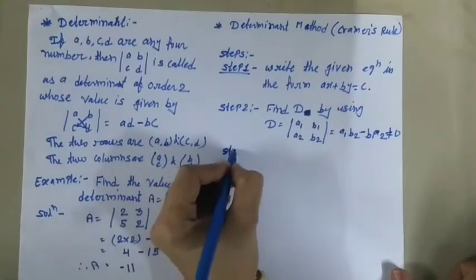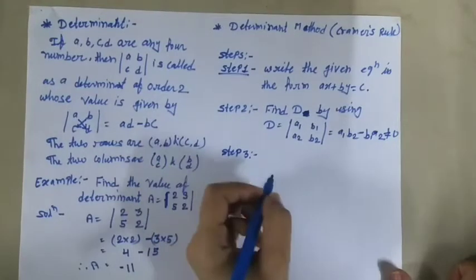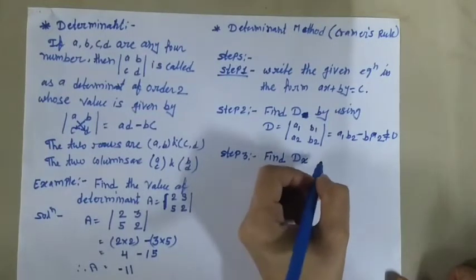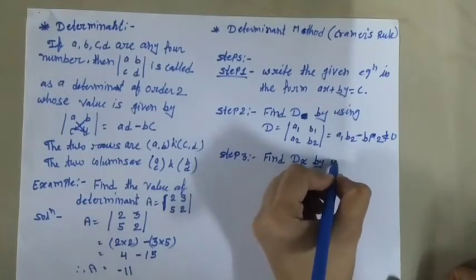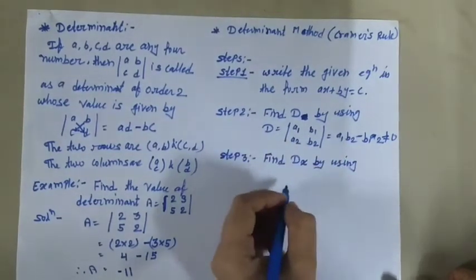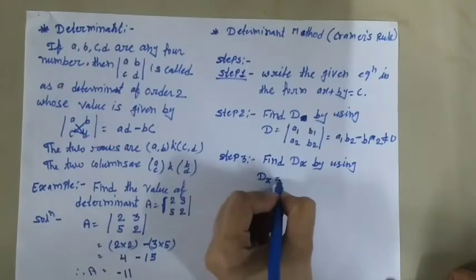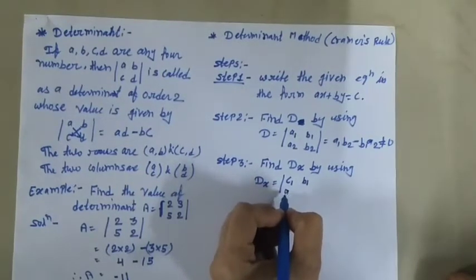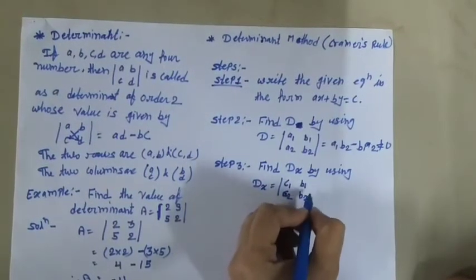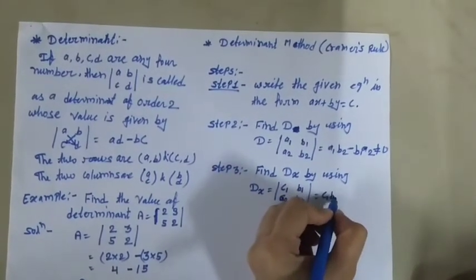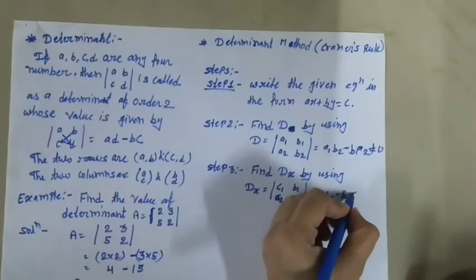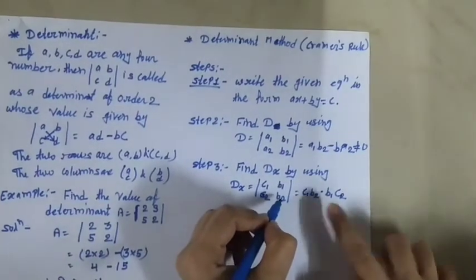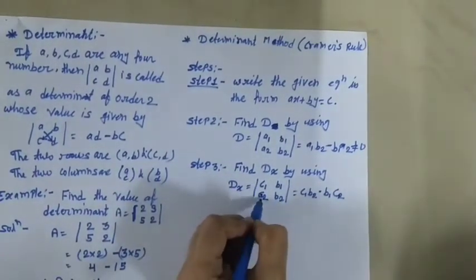Step 3: Find Dx using Dx equal to determinant c1, b1, c2, b2, equal to c1 into b2 minus b1 into c2.